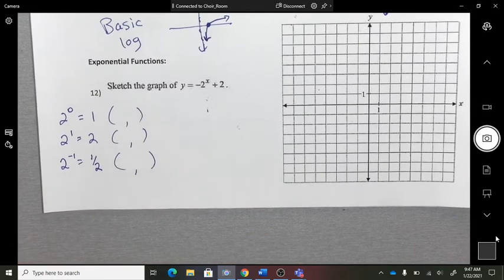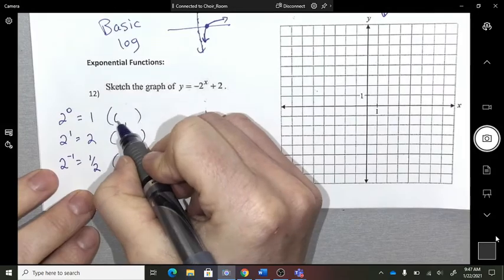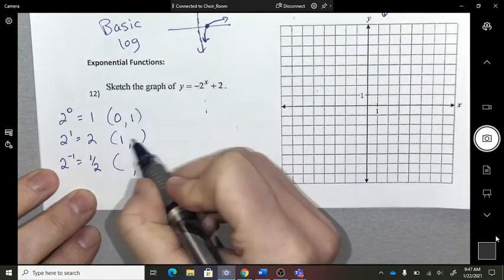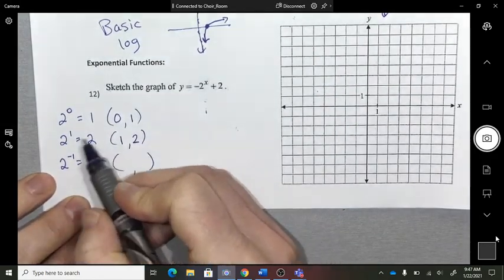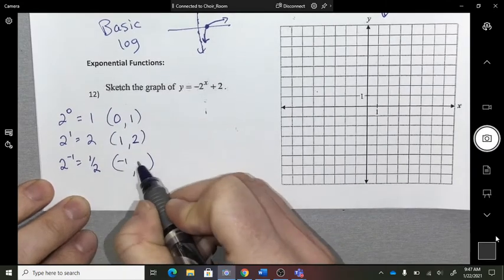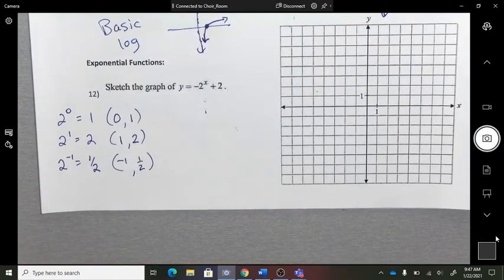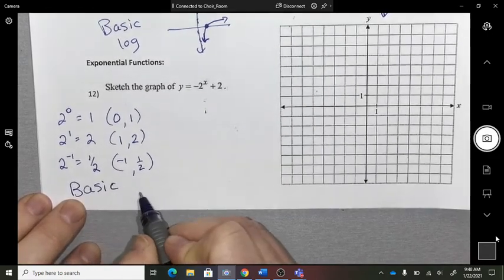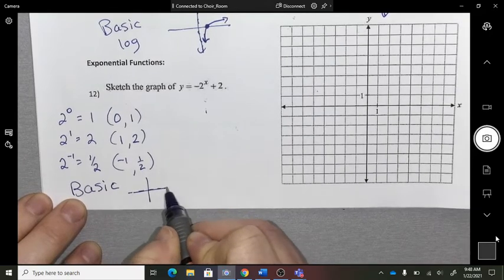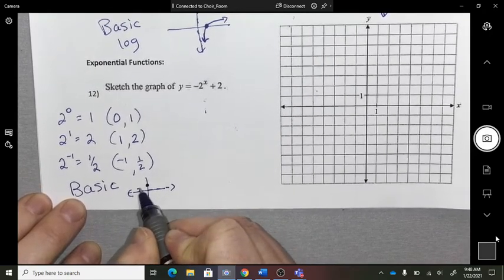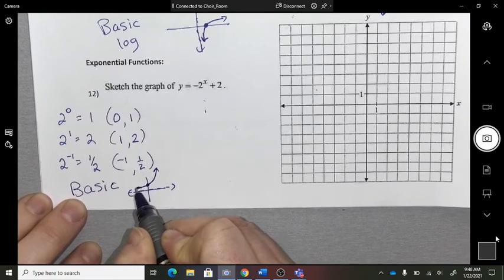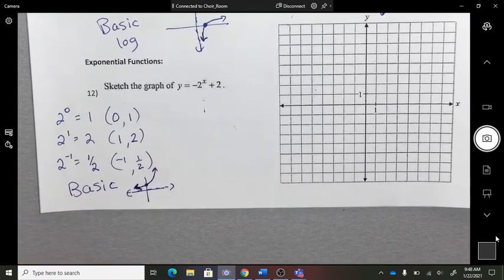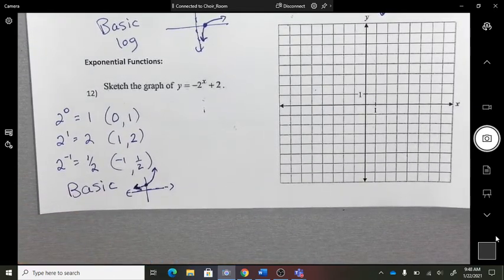So this time exponentially is, if you input a 0, you get a 1. If you input a 2, you get a 2. Or if you input a 1, you get a 2. That's a basic exponential growth curve.